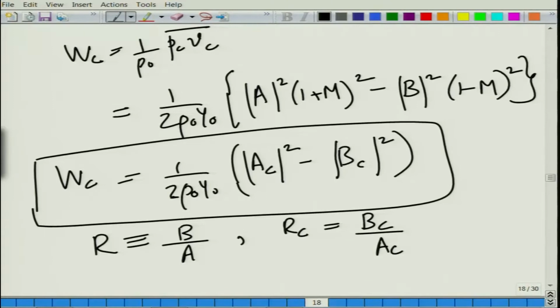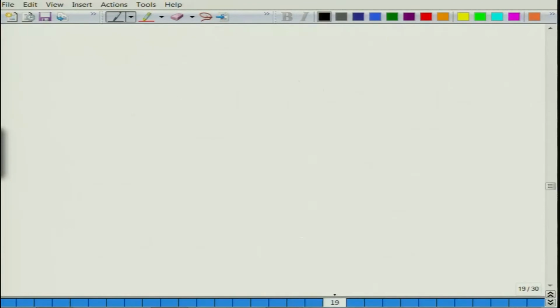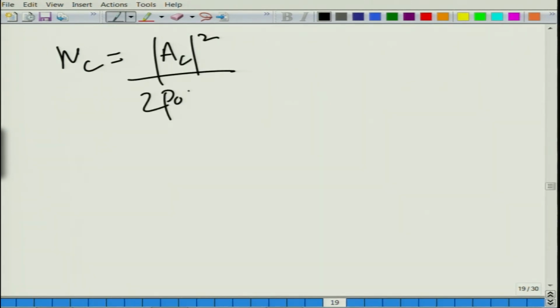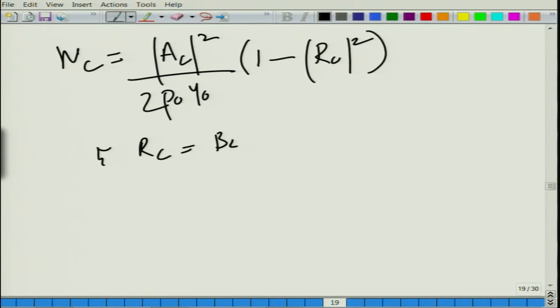So, what it would mean is that the total acoustic power that is carried by the waves in the duct with a mean flow can be written as Wc equals AC magnitude whole square divided by 2 rho naught y naught into 1 minus mod of Rc square, and your Rc will become nothing but BC by AC.